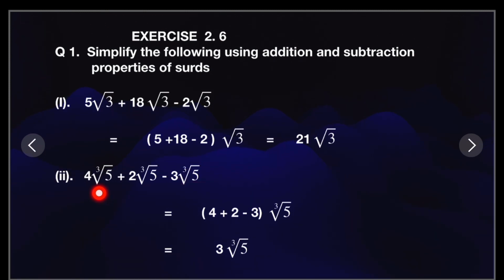So here cube root 5, cube root 5, cube root 5. Fine. So then we can go ahead with the addition and subtraction. Take this common factor out, put the rest in a bracket, 4 plus 2 minus 3. Solve this and you will get the answer.